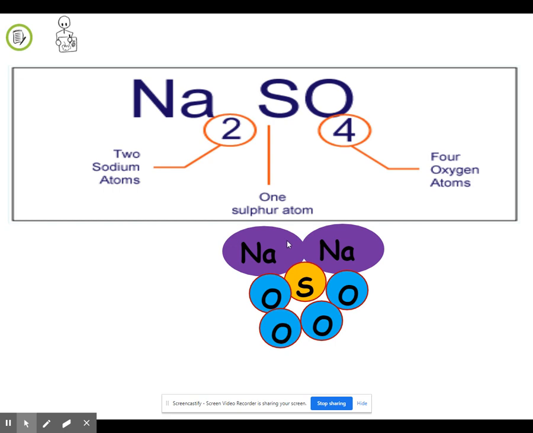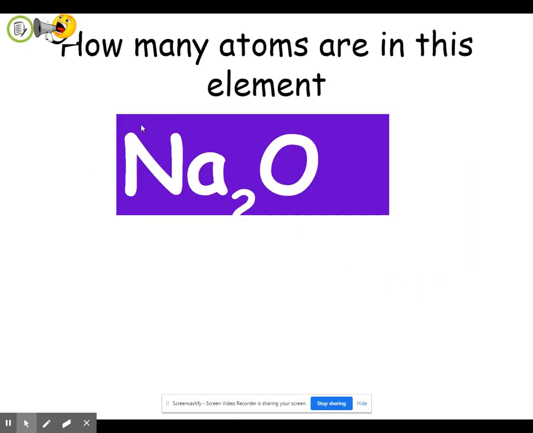Here you're going to notice this is an illustration or a model of this compound. How many sodiums did we have? 2. How many sulfur? Just 1. And how many oxygens? We have 4. Okay, write this compound down. We have capital N, lowercase a, that's sodium, a subscript of 2, and a capital O for oxygen.